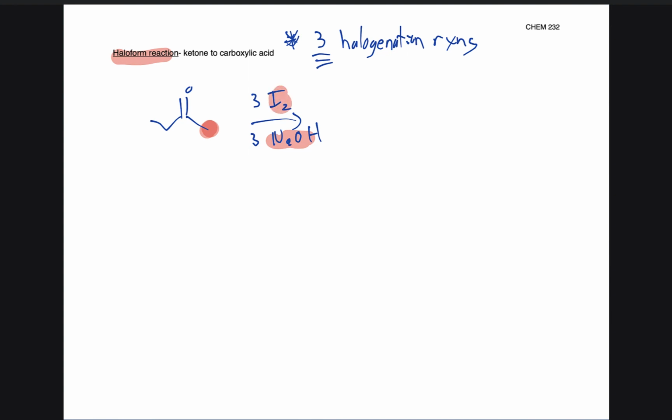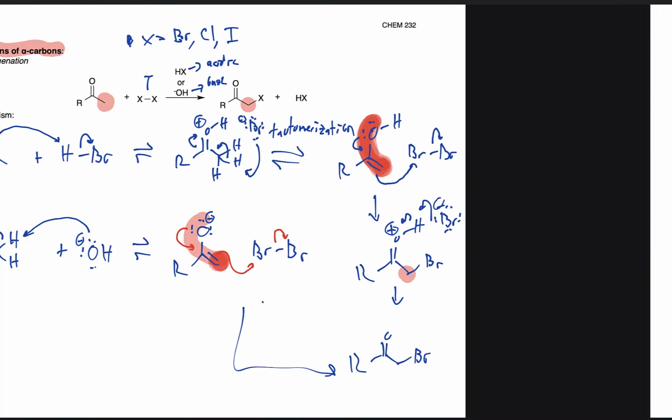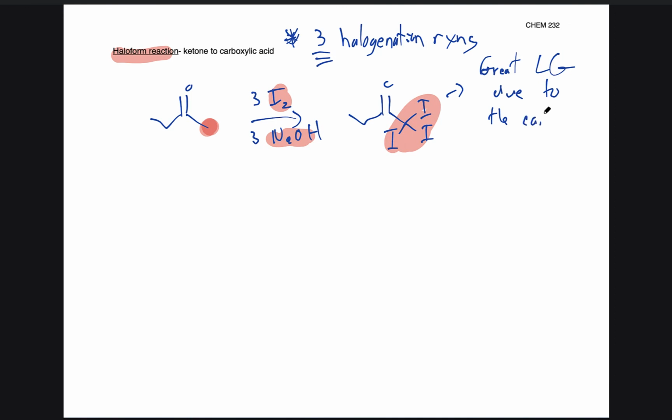This process happens multiple times, and we get to the final product here, where we've essentially replaced all of the hydrogens with iodines. And now, this is a great leaving group due to the carbanion stabilization.